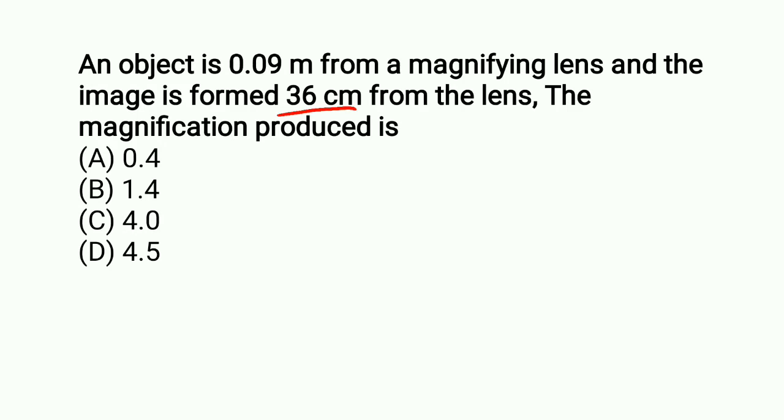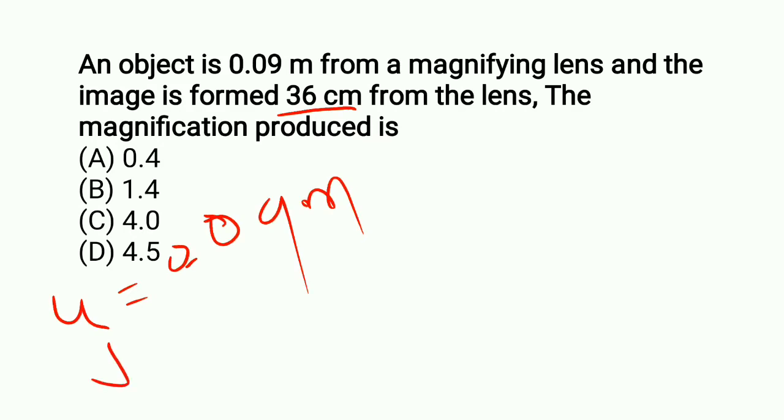So it is a numerical question, and here they have given the object distance as 0.09 meter, and they have given that the image is going to form at 36 centimeter. So what is the magnification?